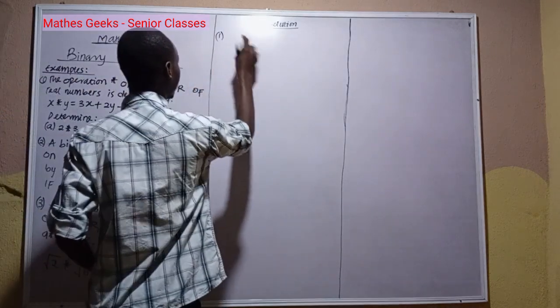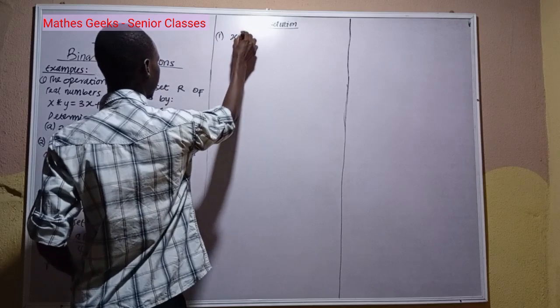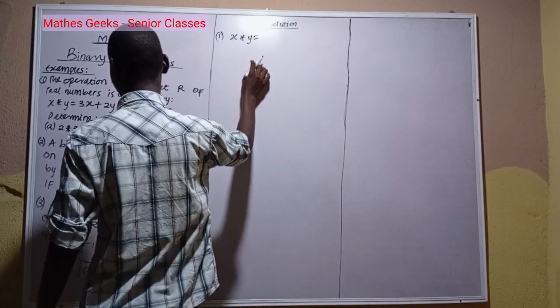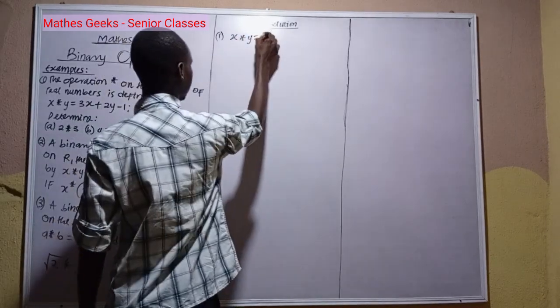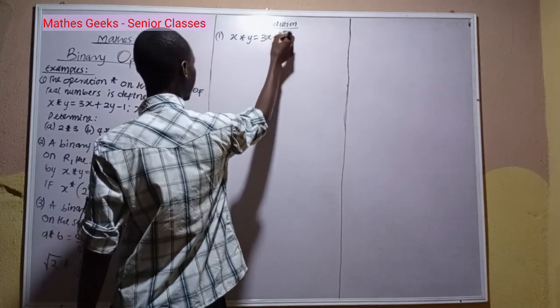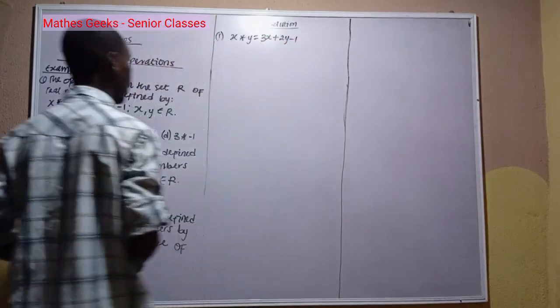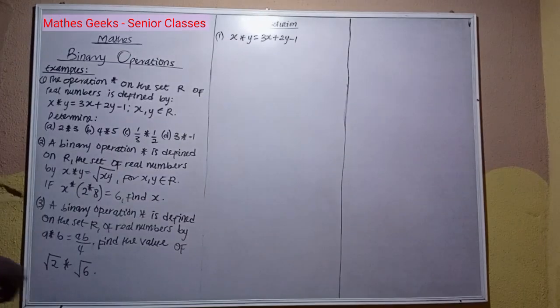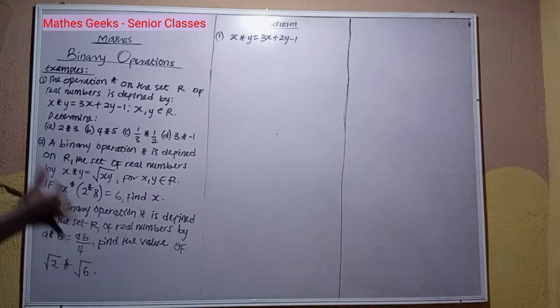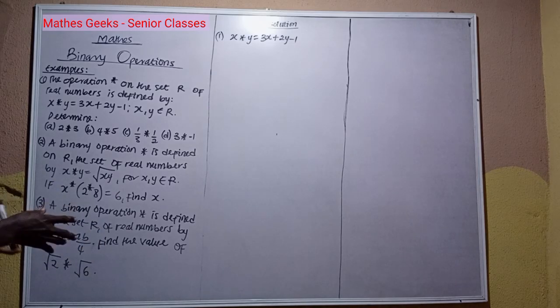First thing we do is to write down the rule of combination, which is x star y equals 3x plus 2y minus 1. Remember that from the definition, a binary operation is the rule of combination between two elements of a given non-empty set.